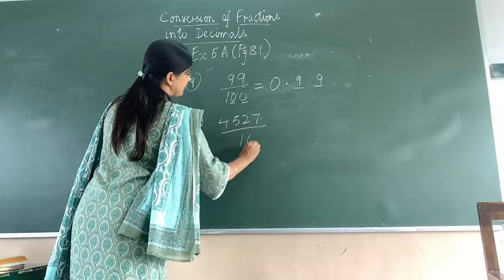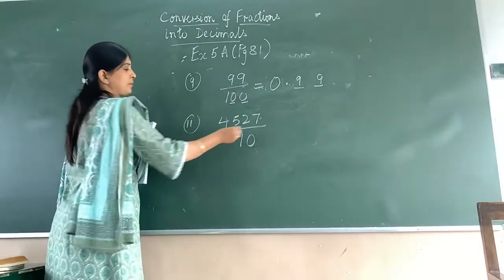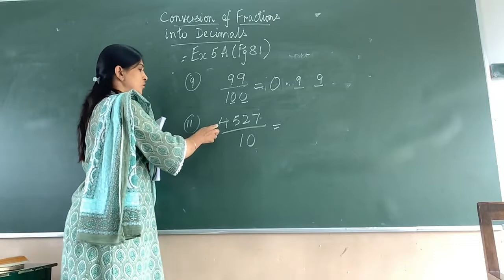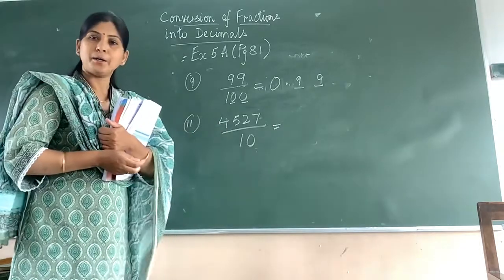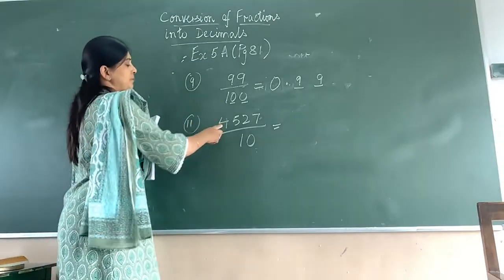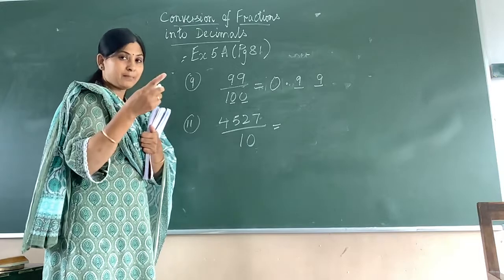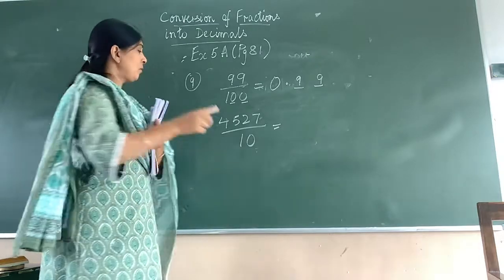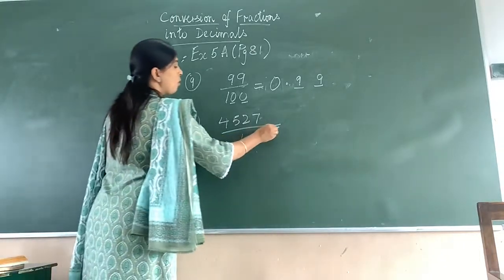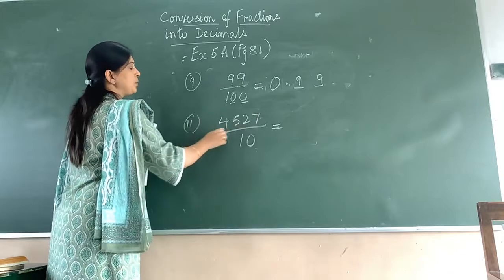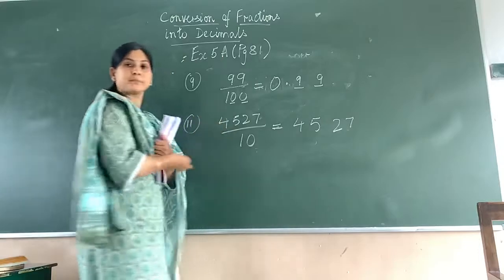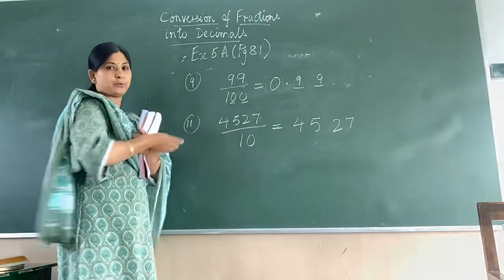Now let us take question 11. 4,527 over 10. Now children, what type of fraction is it? In this fraction the numerator is more than the denominator, so it is an improper fraction. That means we are talking about a number which is more than 1. So what will we do? We will write the numerator. Now there is only one 0 in the denominator.